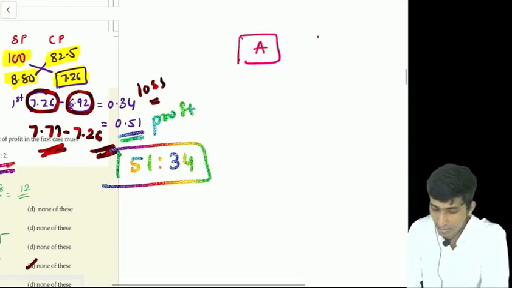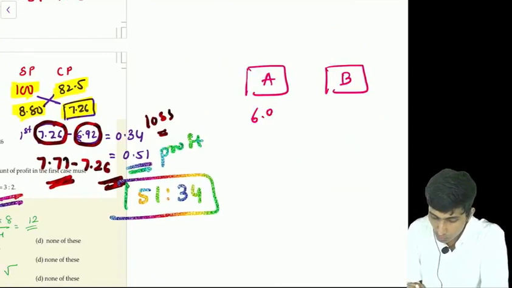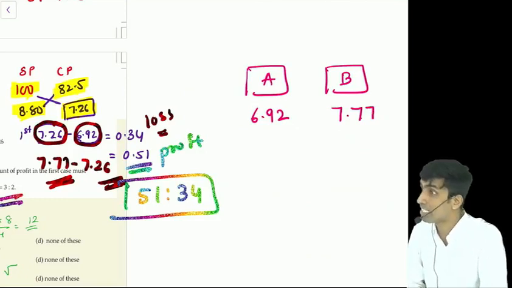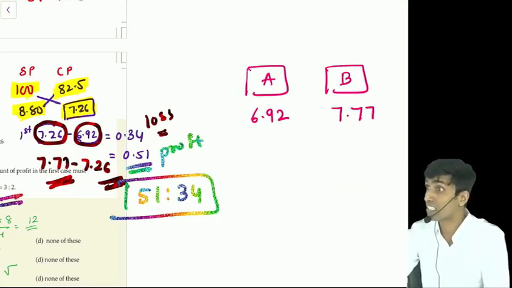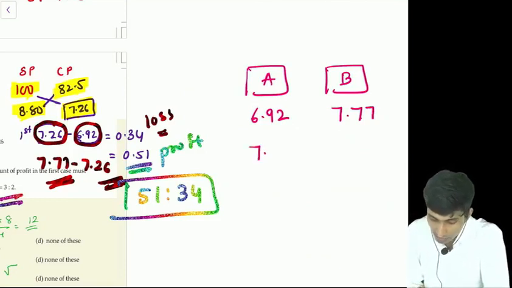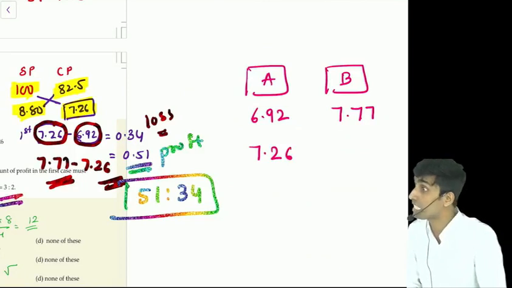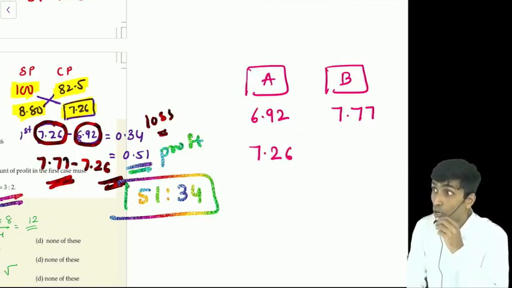This is A, this is B. The cost price of first one is 6.92. The cost of second is 7.77. When I mix this, logically also you can understand. When I mix this, the mixture's cost is 7.26.